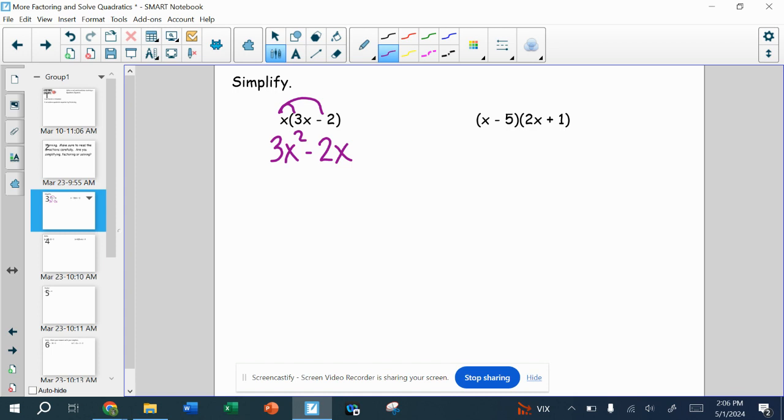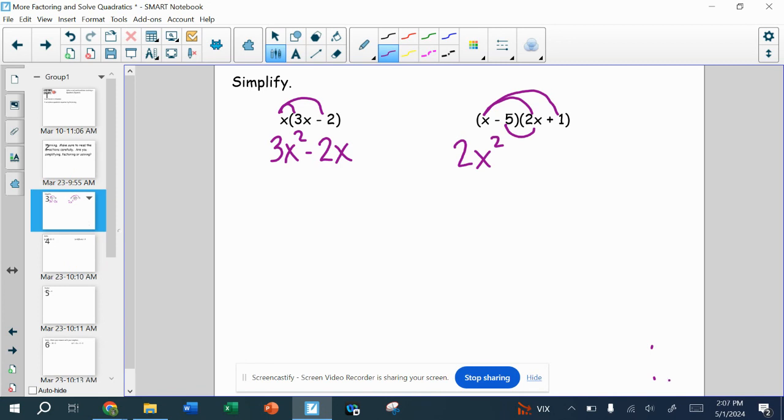In the second problem, I'm going to have that double distribution, or your teacher may have talked about this in terms of FOIL if they've used that acronym. But we've got x times 2x would be 2x squared. And then we would have a positive 1x, and this is going to be a negative 10x.